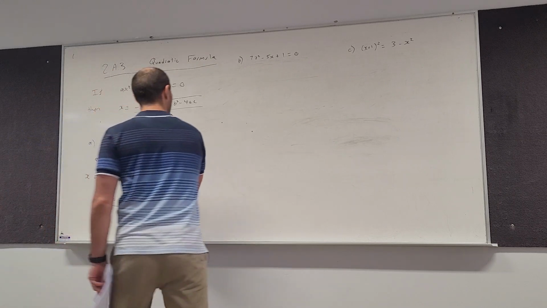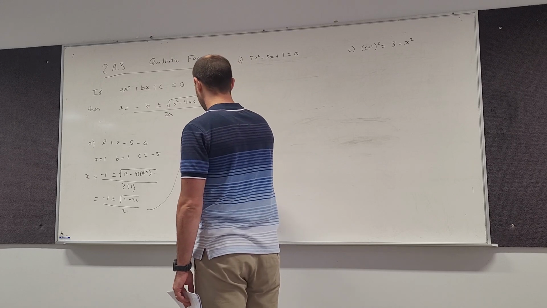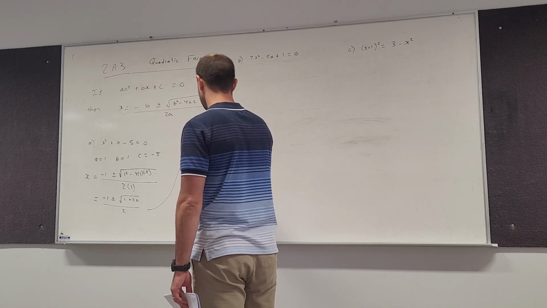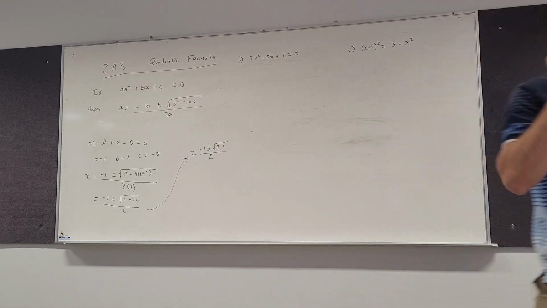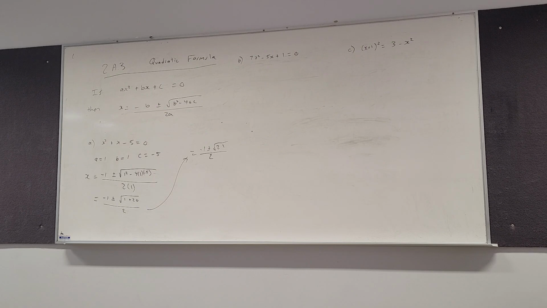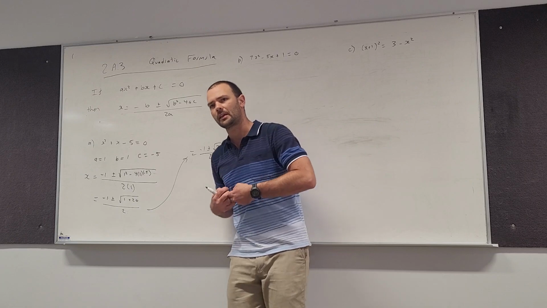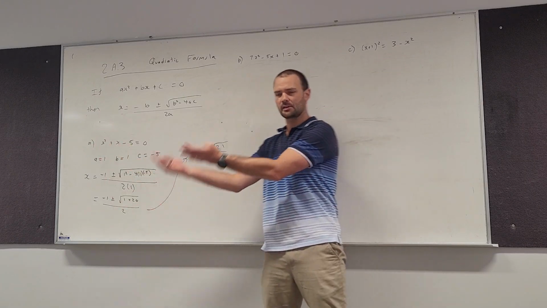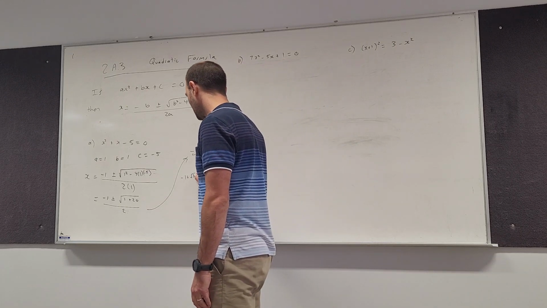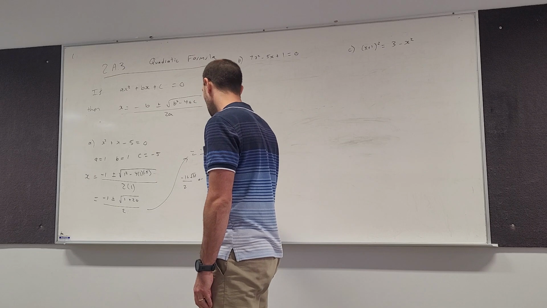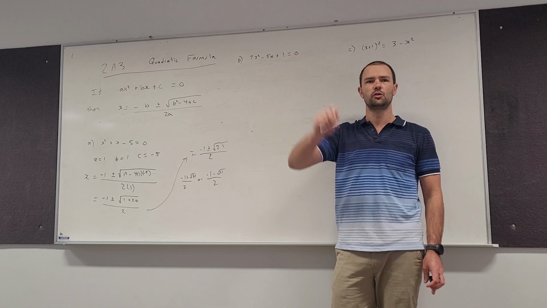I'll bring that up here: minus 1 plus or minus the square root of 21, divided by 2. Now these roots are what we call irrational roots. Irrational because they have an infinite number of decimal places. It's going to keep going forever. So the roots are minus 1 plus root 21 on 2, or minus 1 take root 21 on 2. That's what the plus or minus means. It means there are two possible options.